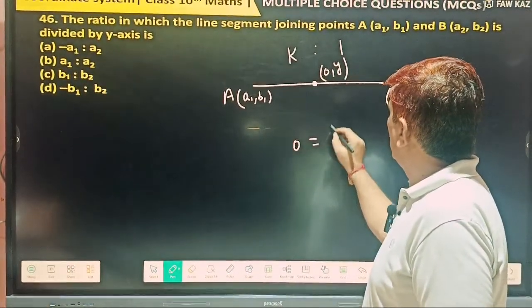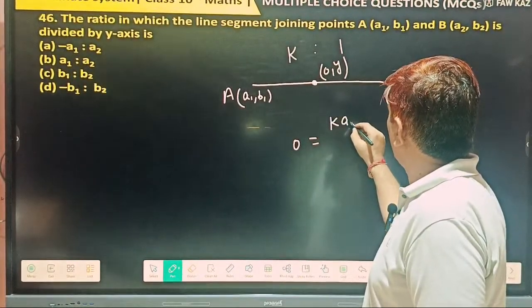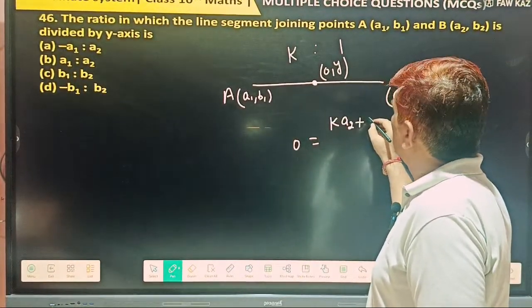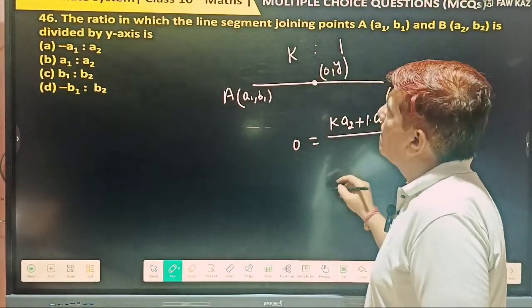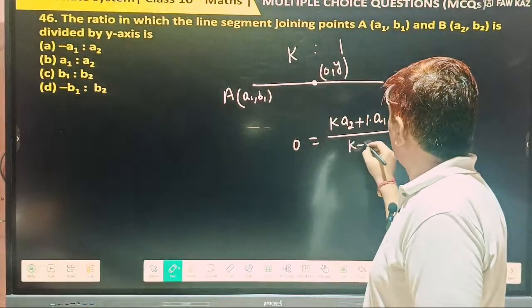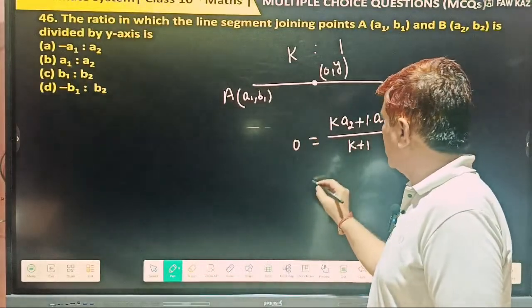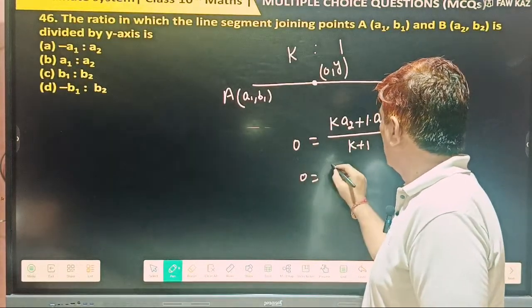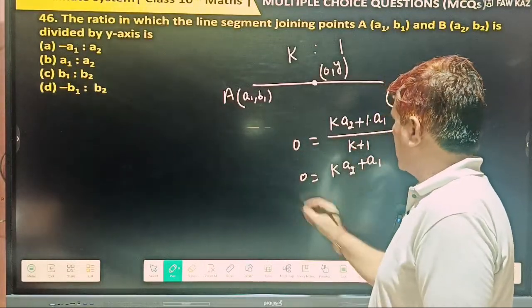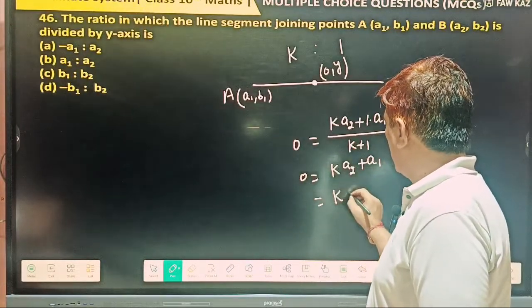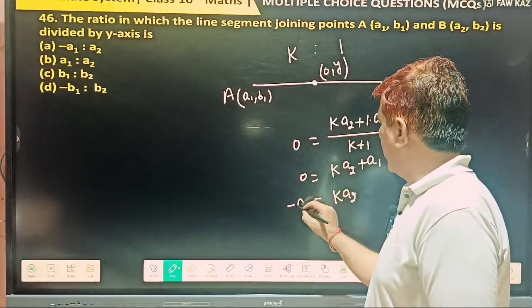0 equal to (k A2 + 1 into A1) divided by (k + 1). Coming to this side, 0 becomes, so 0 equals k A2 plus A1. So transferring to this side, k A2 is equal to minus A1.